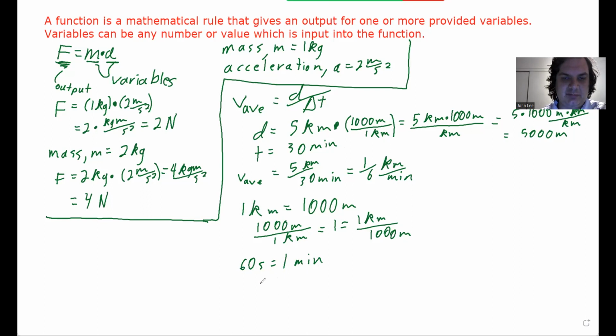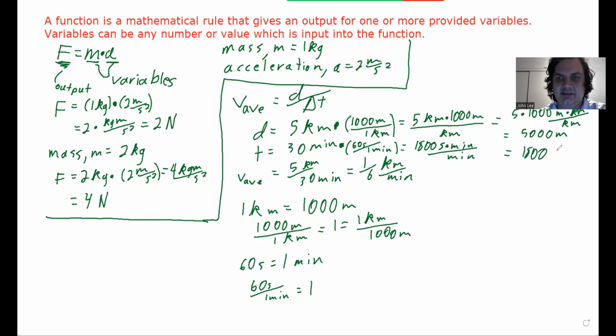So you can multiply by 60 seconds per 1 minute, which equals 1. So you multiply this by 60 seconds over 1 minute, and that is equal to 1800 seconds times minutes divided by minutes, which is just going to be 1800 seconds.